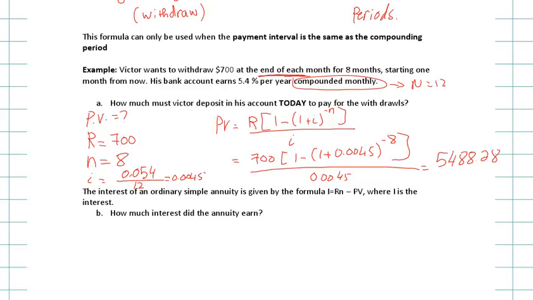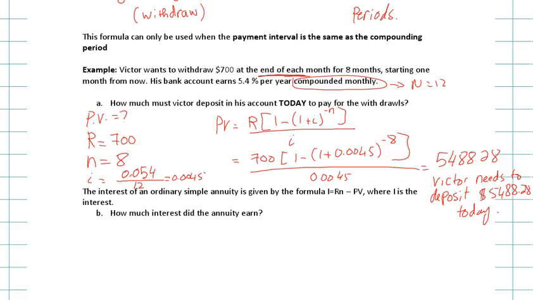So, Victor needs to deposit $5,488.28 now.